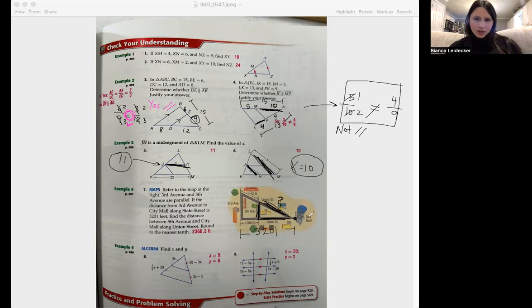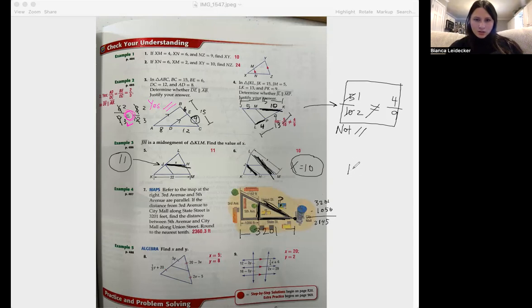We have to subtract 3,201 minus 1,056 in order to get that side. So I'm going to plug it in on my calculator. And that is 2,145.